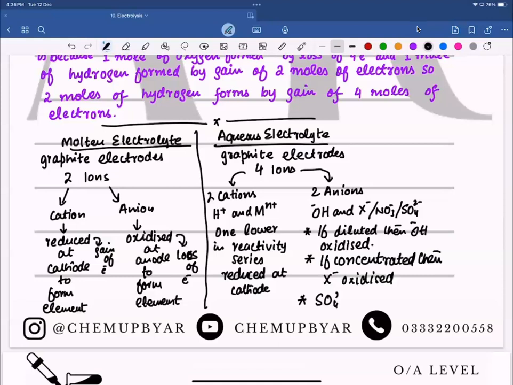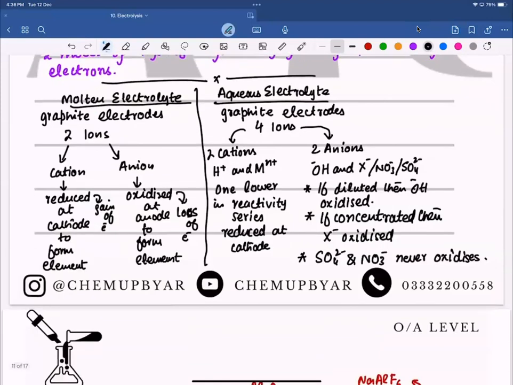And remember, sulfate and nitrate never oxidize. Okay. Is this clear to all of you?